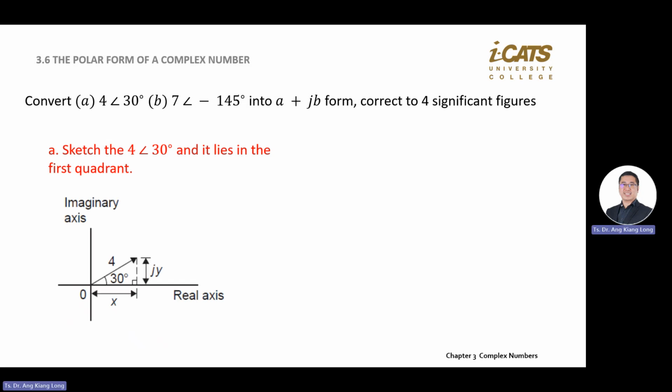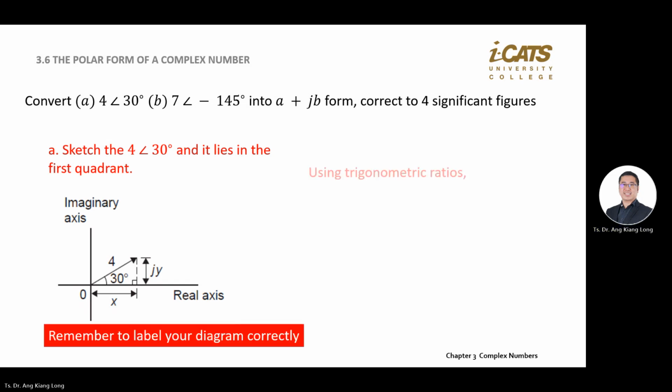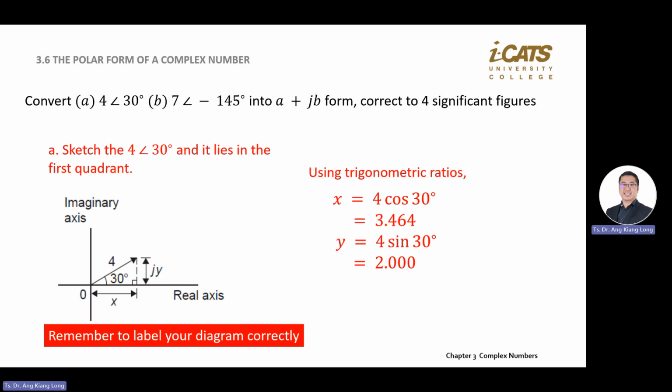The x will be 4 cos 30, y will be 4 sin 30. So you have your x and y in the a plus b form. This is the expected answer: 4 angle 30 equals 3 point something plus j2. This is the way you reverse it from polar into Cartesian.